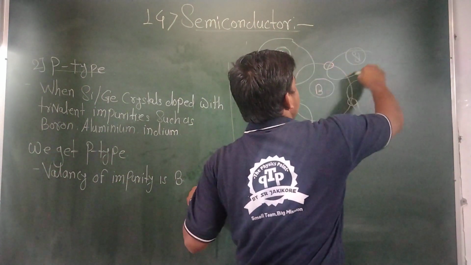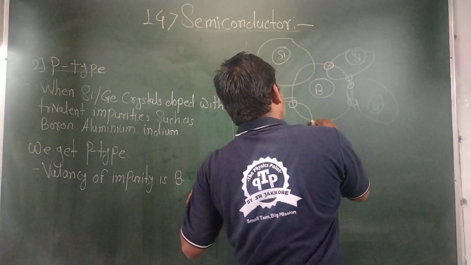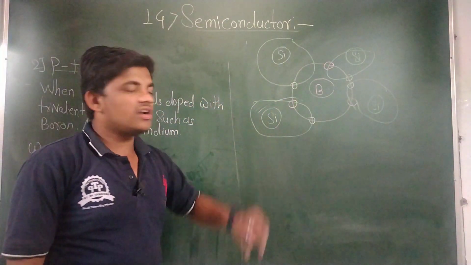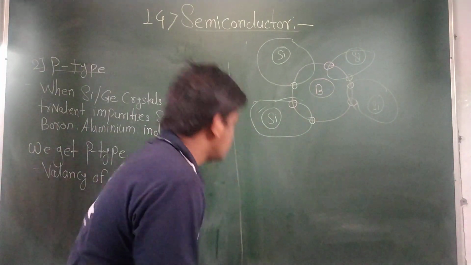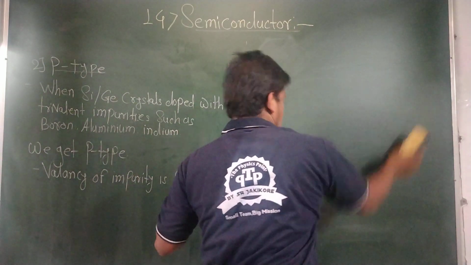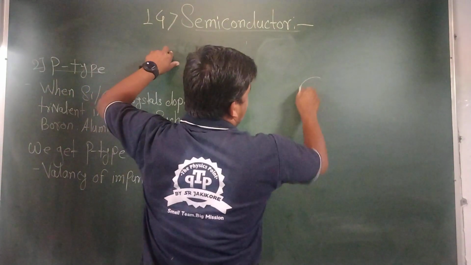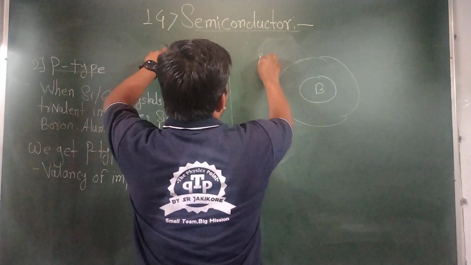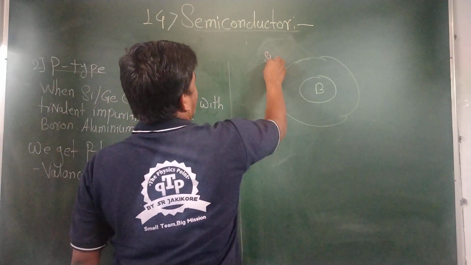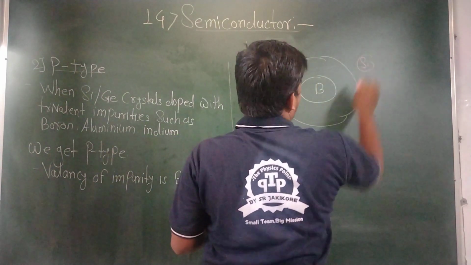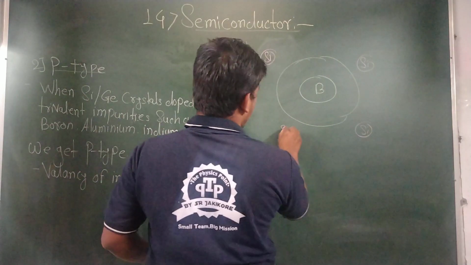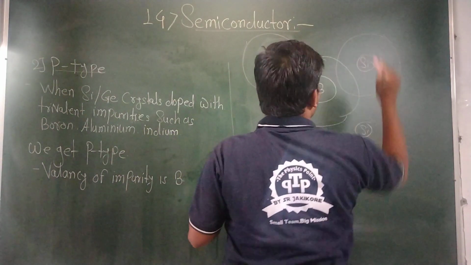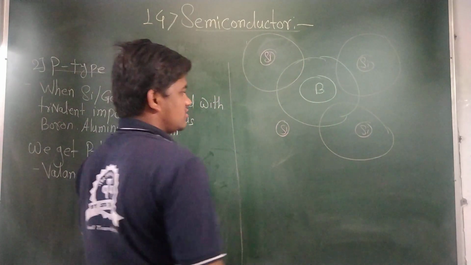The green colored ones are the electrons of that particular silicon atom. I will draw the proper method of these diagrams. Consider this is the boron, that is B. I will use different colors for drawing silicon. This is silicon, this is also silicon, and there will be 4 silicon atoms, drawn in the same pattern as in the previous lectures.